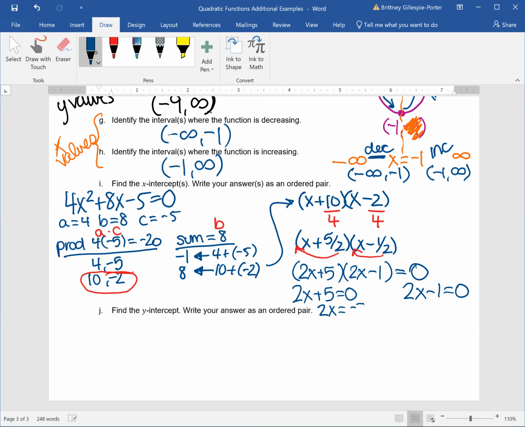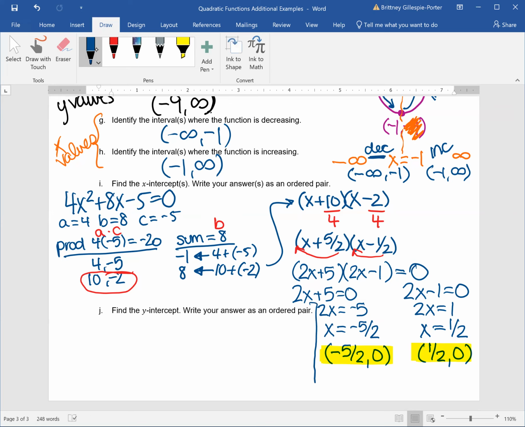Do not try to combine these together. It's individual ordered pairs. Our first one is -5/2, comma 0. And our second is 1/2, comma 0. And that would be the same thing that you got if you use the quadratic formula.